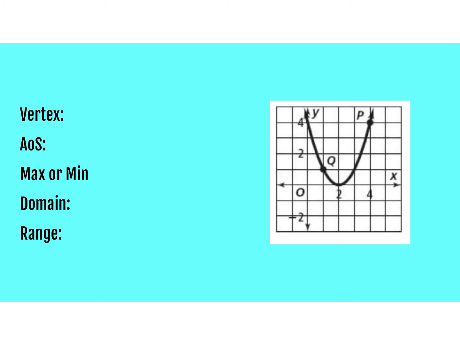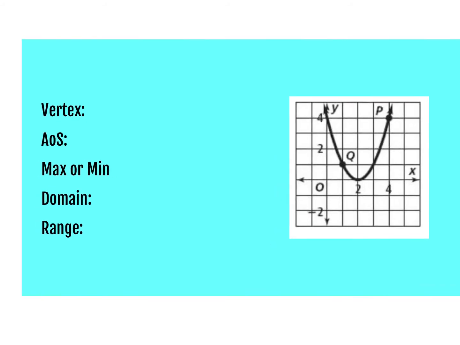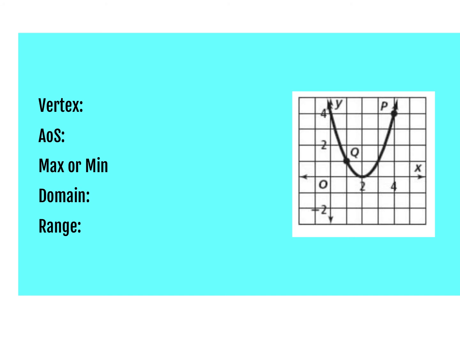All right, let's go ahead. Let me shift this guy over. I'm going to go ahead and find all of these things. Let's go ahead and start with our vertex, which happens to be right here. It looks like the x value is 2.